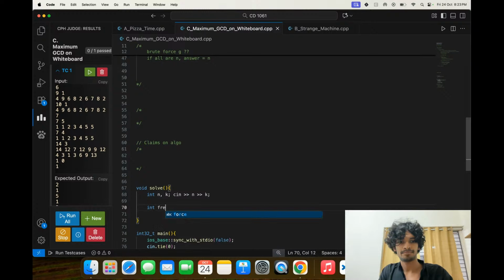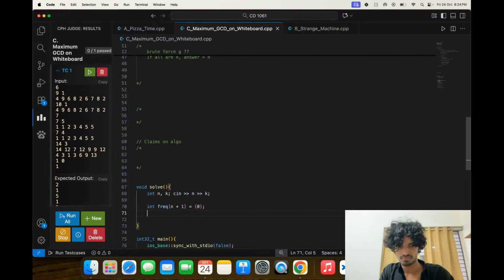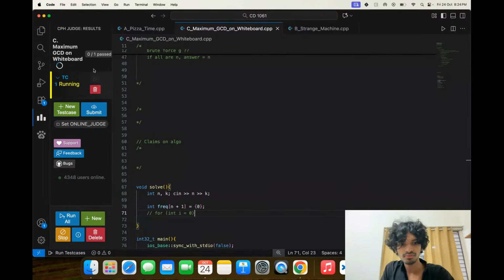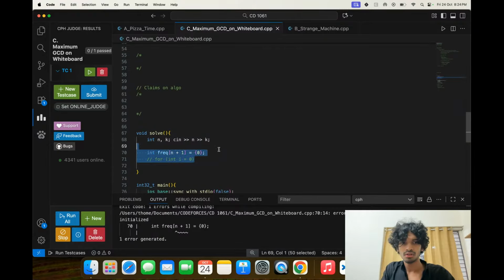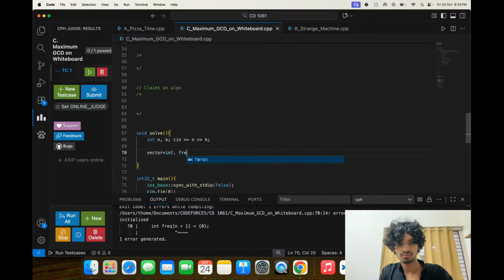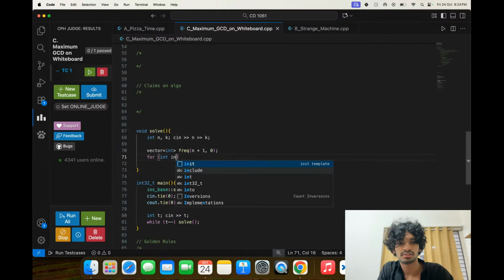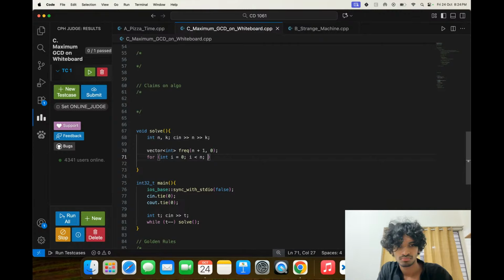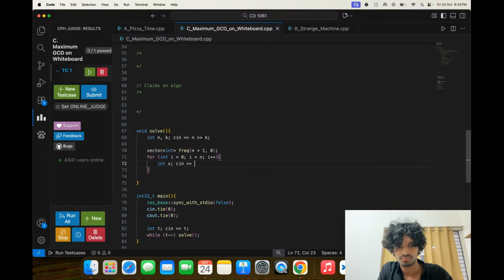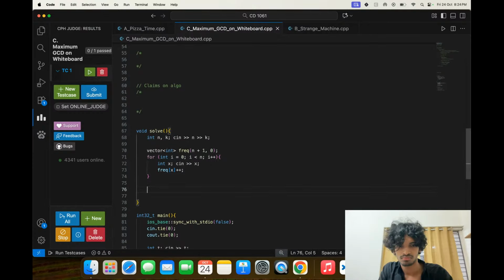See? Does this run? I only need frequencies. I don't need anything else. G can be 1 in the worst case, right?